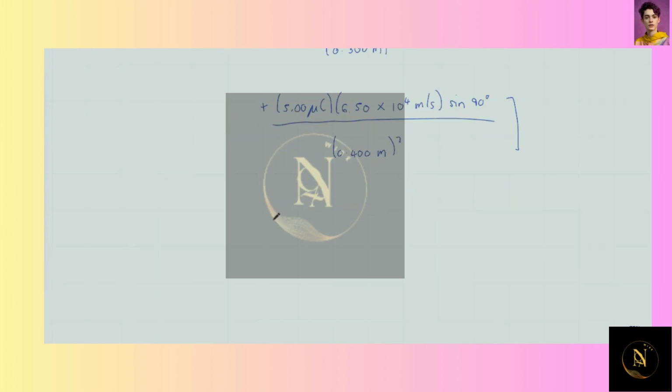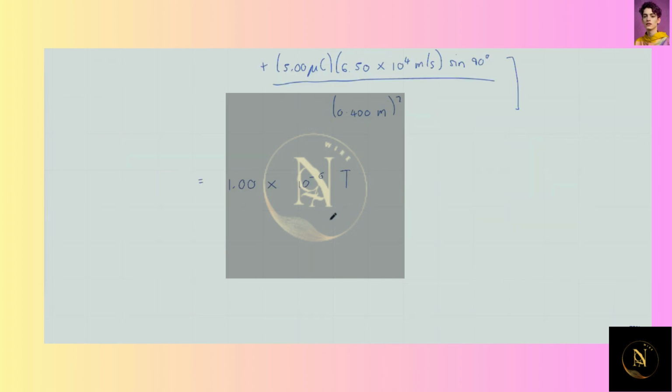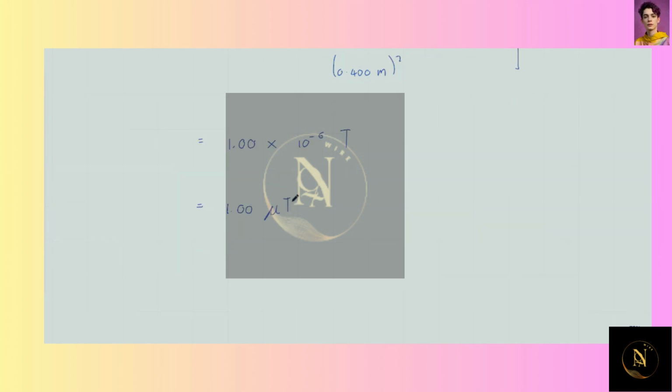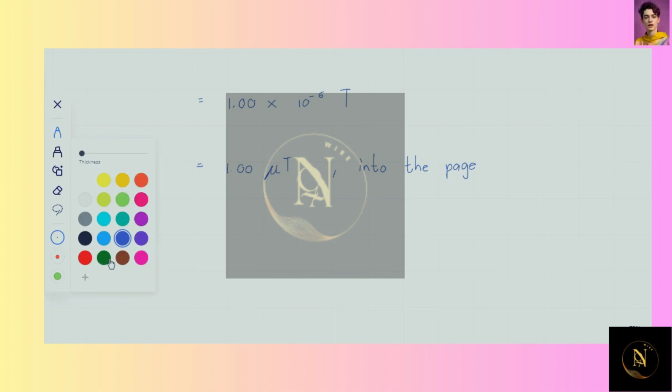And so calculating, we get the net magnetic field of the two moving charges to be 1 times 10 to the minus 6 teslas, which is simply 1 microtesla, and both these fields are into the page, so the resultant field is also into the page. So we have the magnitude and direction of the resultant magnetic field.